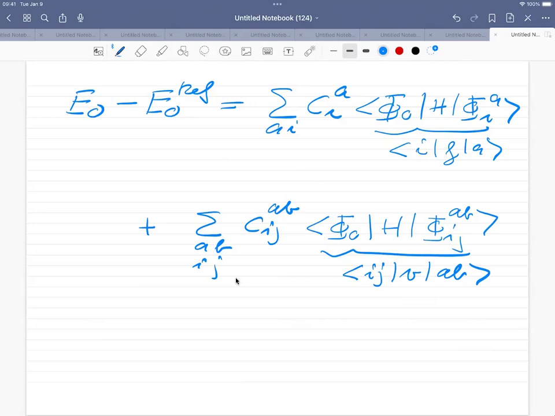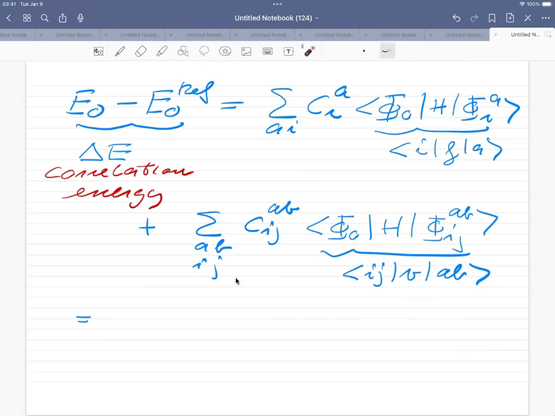But the thing which is interesting now, so if we just rewrite this, this term which we see here has also a name in the literature, and it's called the correlation energy. It's called correlation because we are going beyond the reference energy, which is just the zero particle, zero hole with itself, and then we are correlating that one with other states.